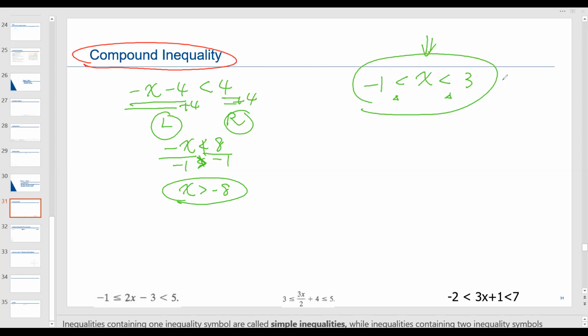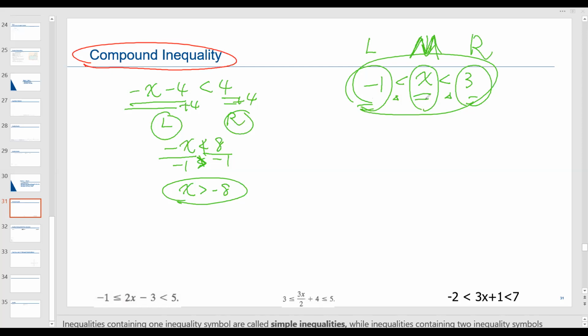So I would define here: here is the left, here is the middle, and the right. So they have a left part, middle part, and right part.